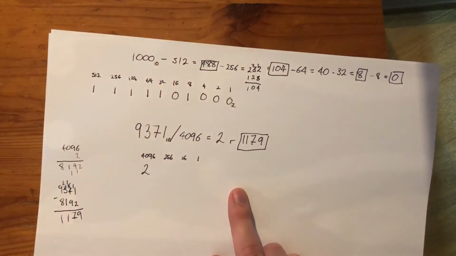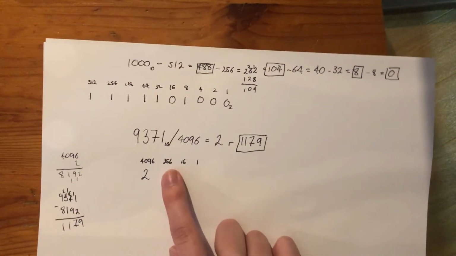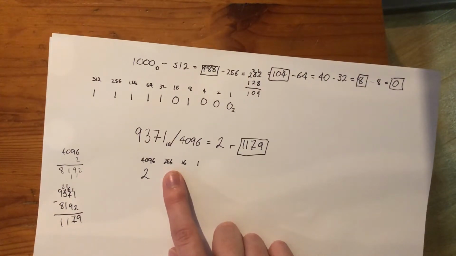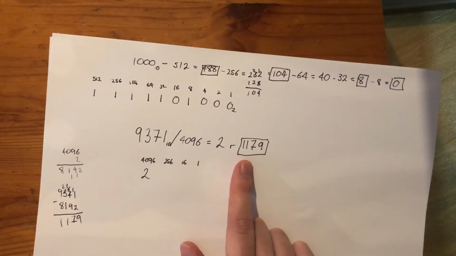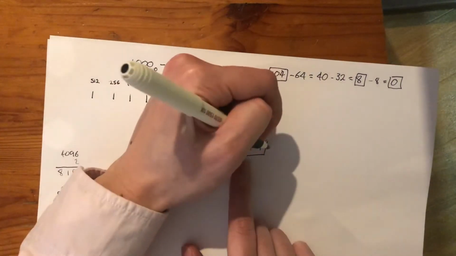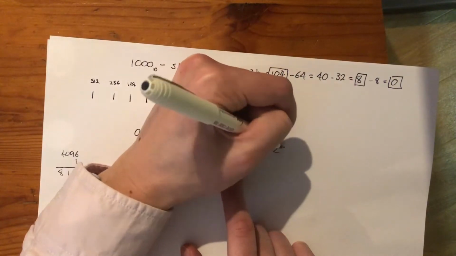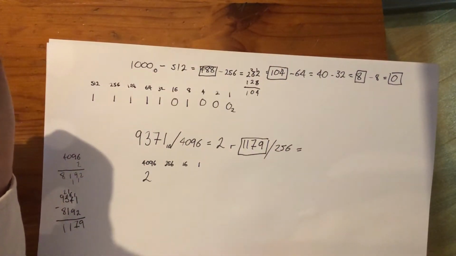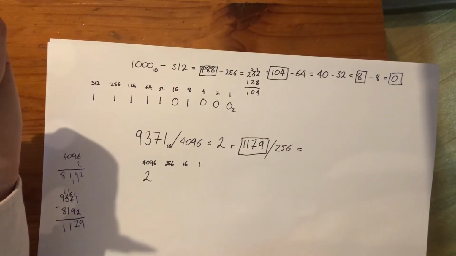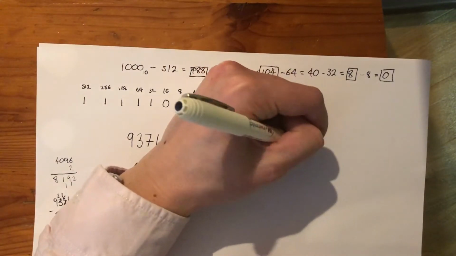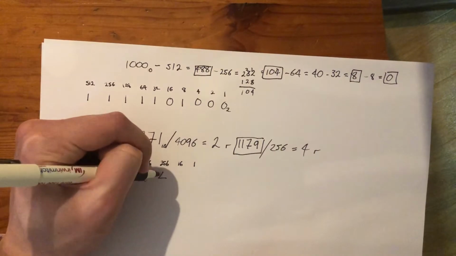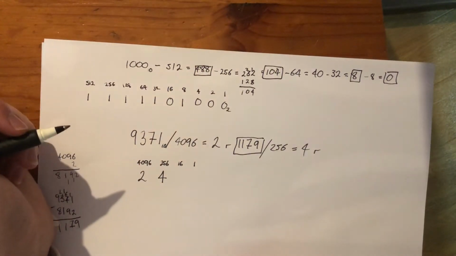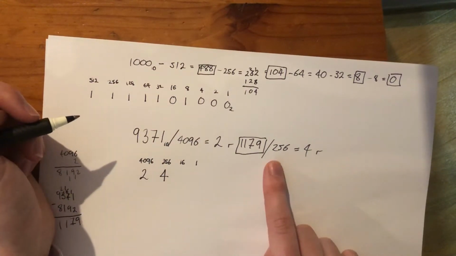We ask ourselves the question, how many times does 256 go into 1,179? Or, if I divide that by 256, what is my whole part and what is my remainder? Now I can see that this goes in 4 times. So I'm going to put my 4 in here, and then I'm going to calculate my remainder in the same way.